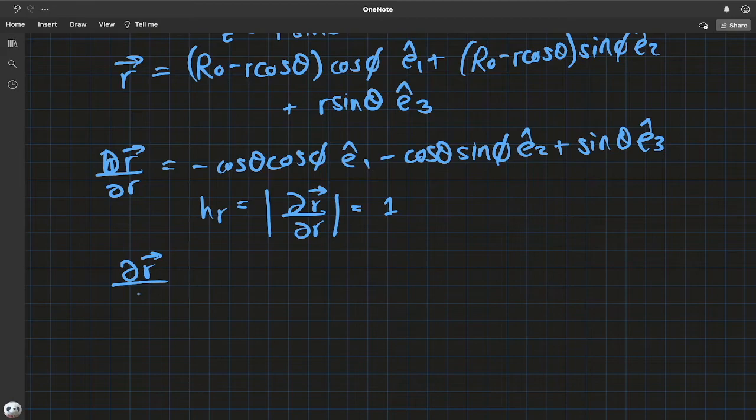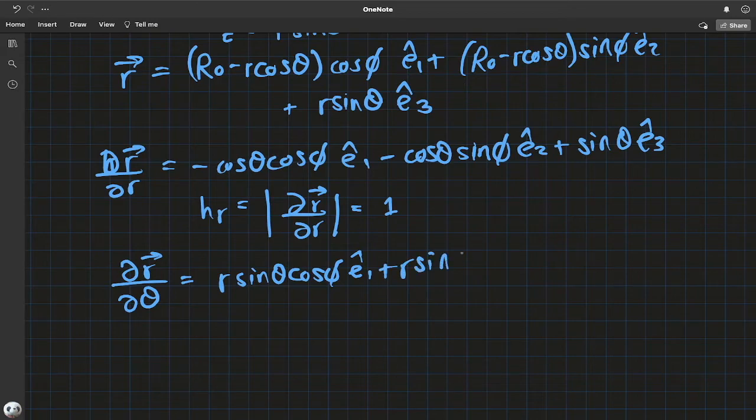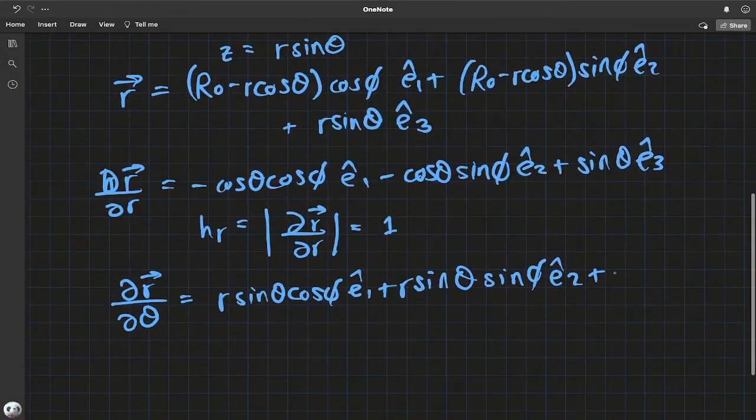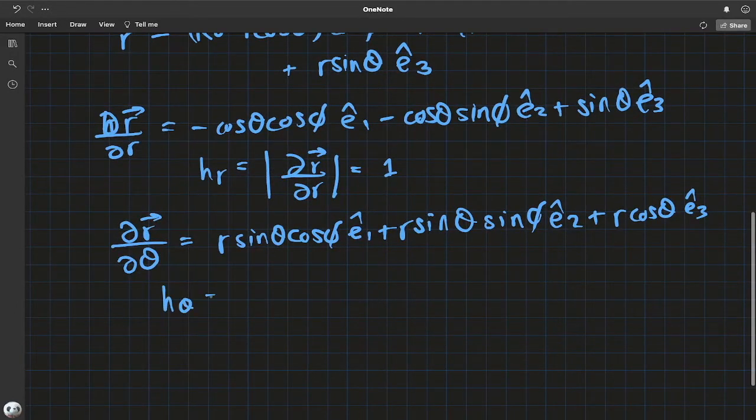Partial position vector with respect to theta is r sine theta cosine phi e1 hat, r sine theta sine phi e2 hat, and I believe here we have a r cosine theta e3 hat. H sub theta is going to be r.